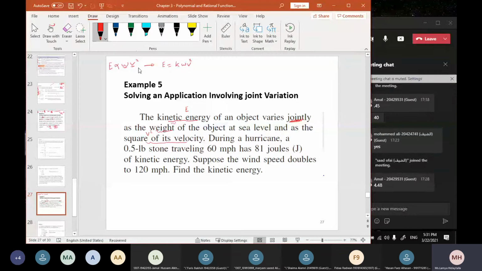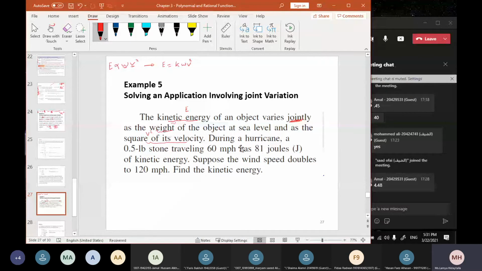During a hurricane, a 0.5 pound stone traveling at 60 meter per hour has 81 joules of kinetic energy.